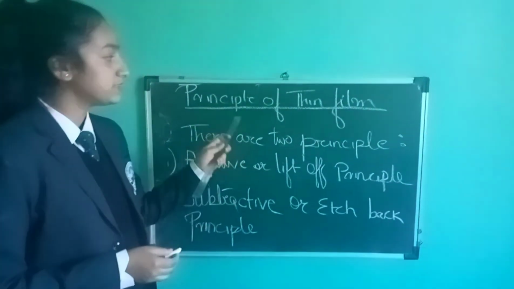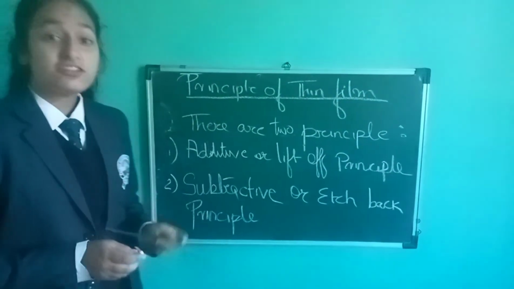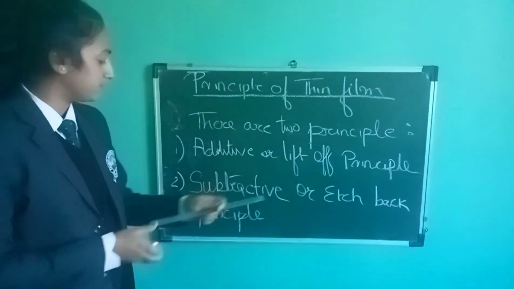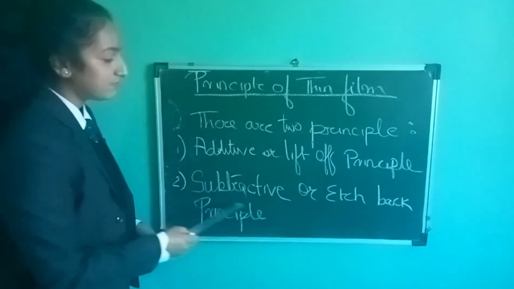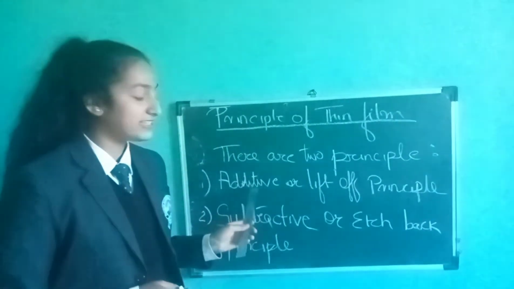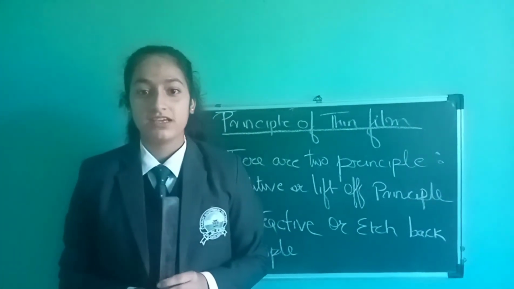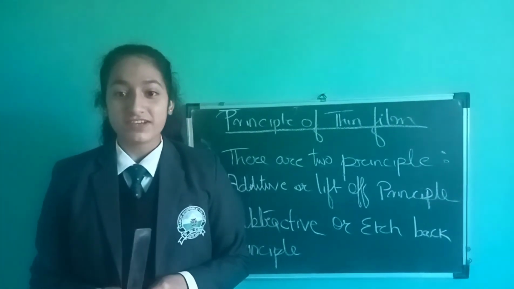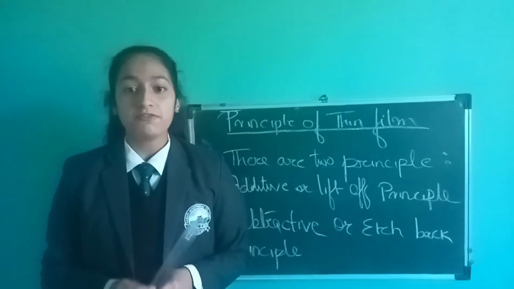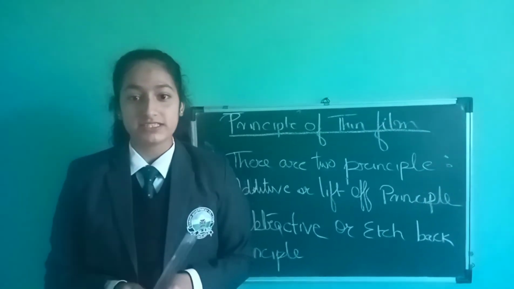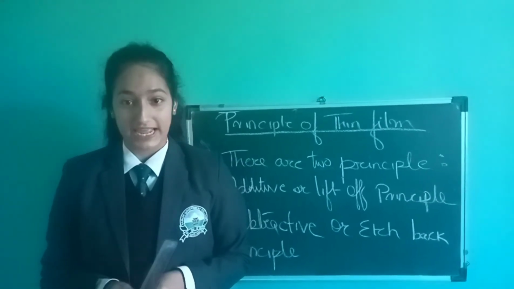Let's learn about the principle of thin film. There are two principles of thin film. Number one, additive or lift-off principle. Number two, subtractive or etch-back principle. So now let's talk about the additive or lift-off principle. In the additive or lift-off principle, the pattern generating step involving some form of masking agent is followed by a coating process resembling the use of a stencil.